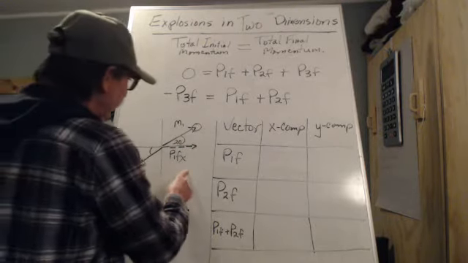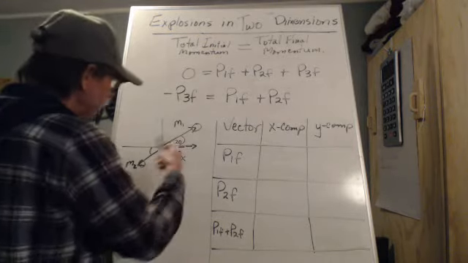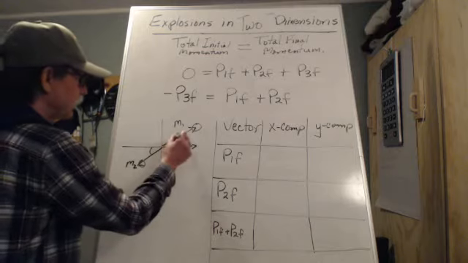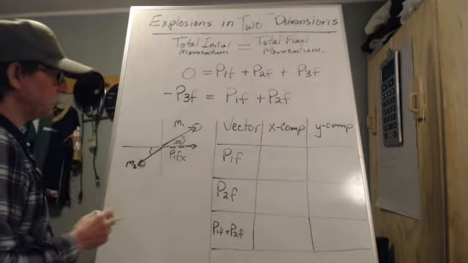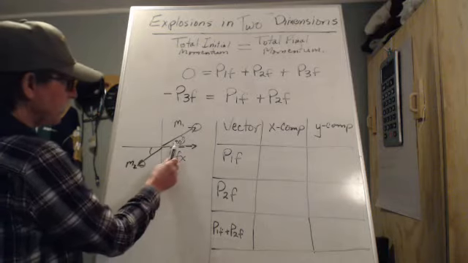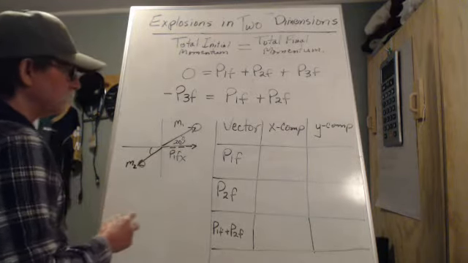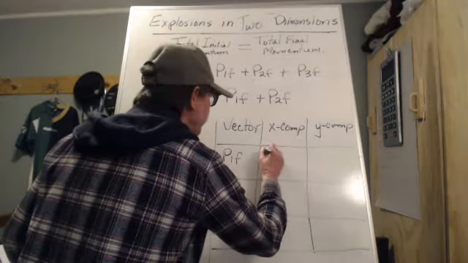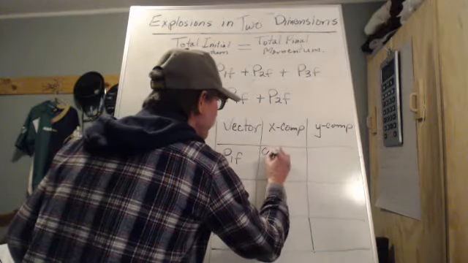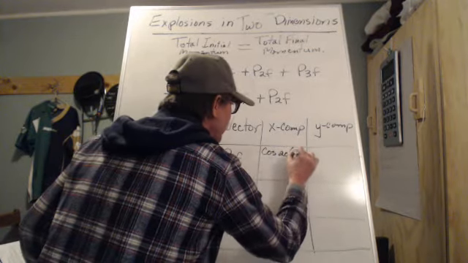And P1Fx, you can see, we've done enough trigonometry to see that P1Fx is actually the cosine of 20 times P1F.